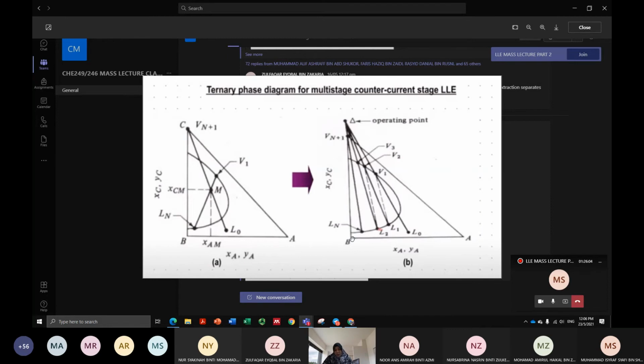So your answer should be 2 point something. So that is to cover the first method to solve the problem based on the diagram, based on the multi-stage theory that we need to use.